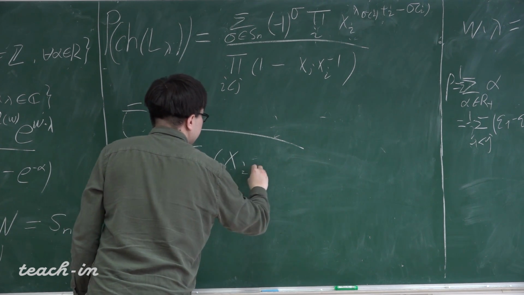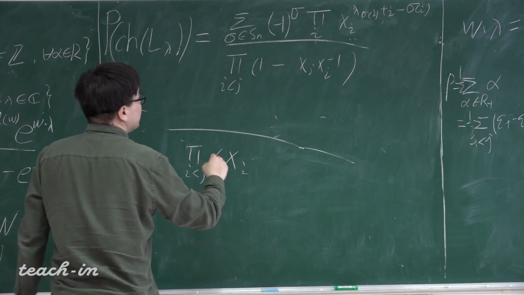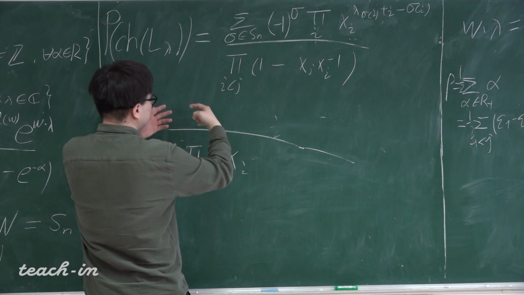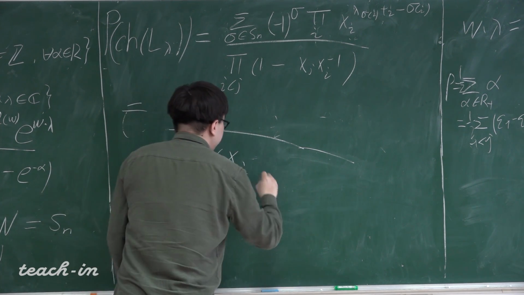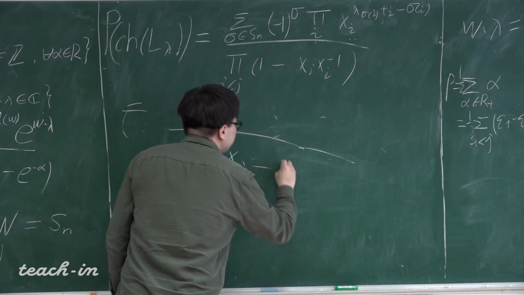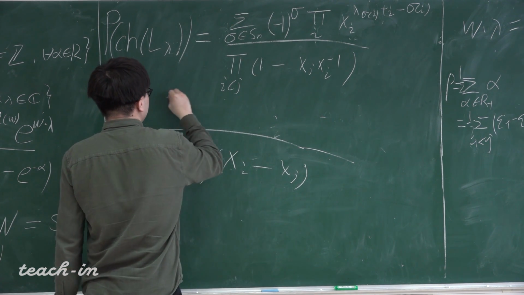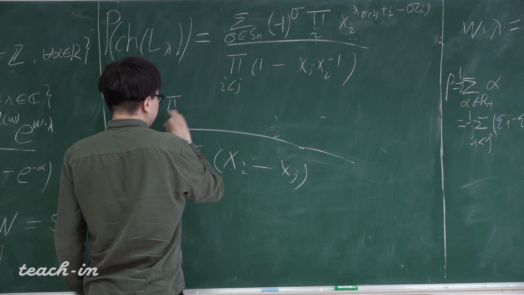This time just simultaneously multiply this guy here and it will appear here. Minus xj. So what is the thing I should multiply here?